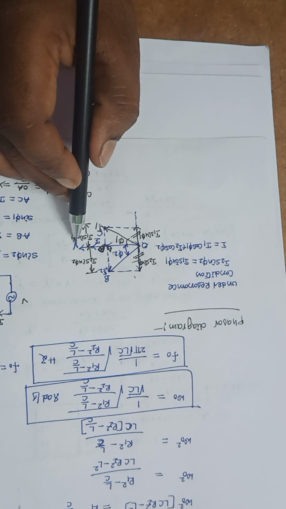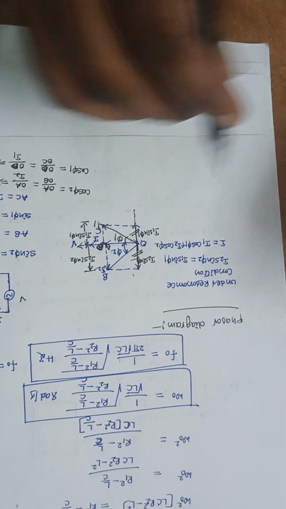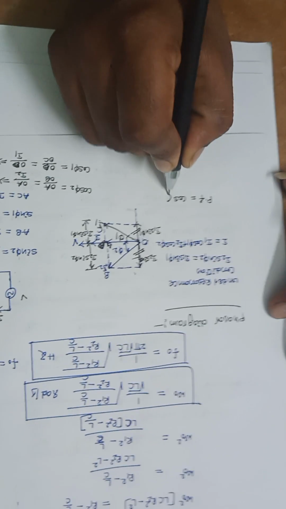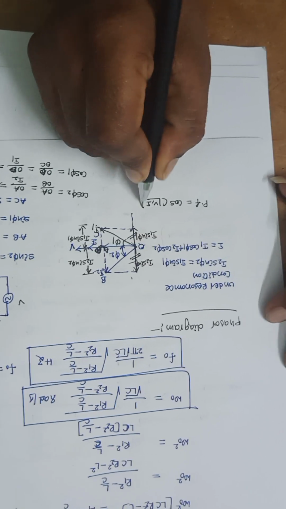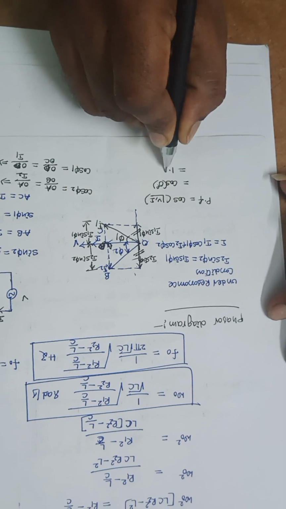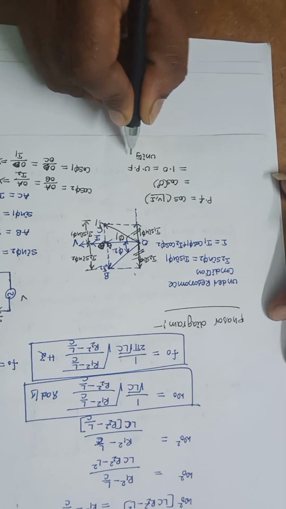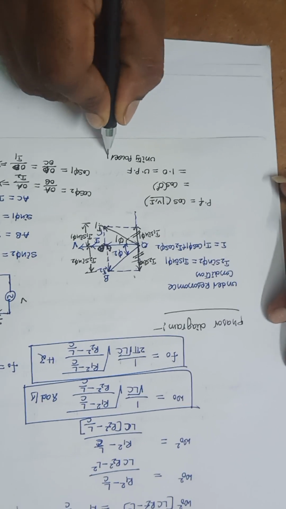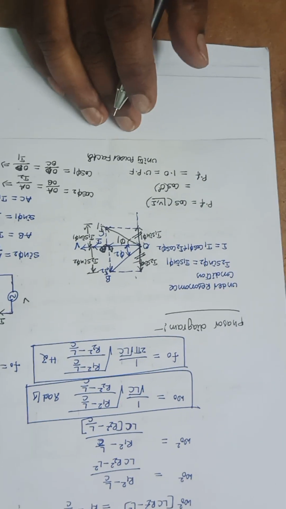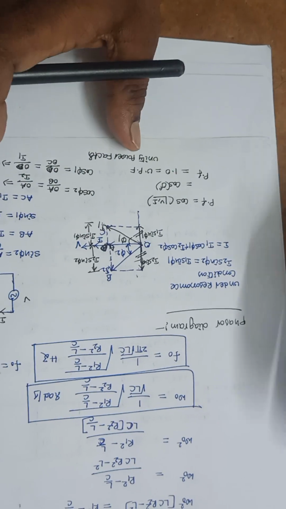This current and the supply voltage don't have any phase displacement, so the power factor is cosine of the angle between V and I, that is cos 0 degrees, which is equal to 1, unity power factor. That is about the power factor and the phasor diagram of this type of circuit.